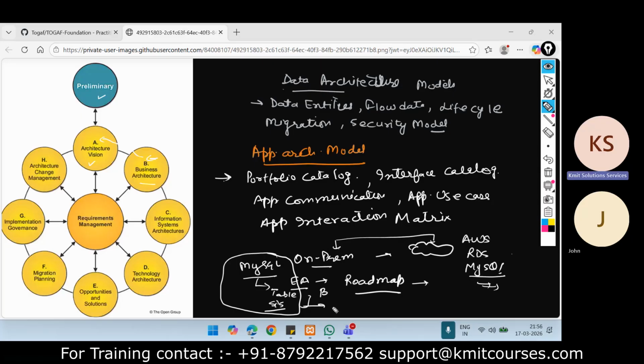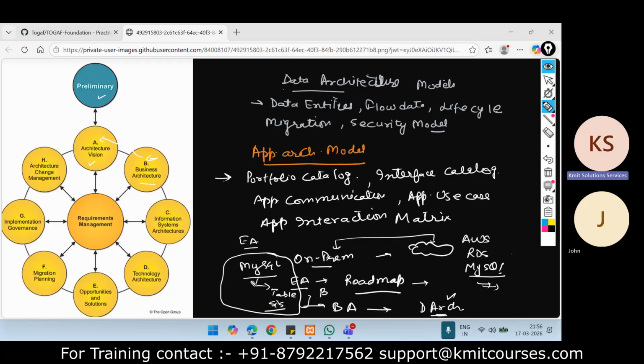So phase A, then the business architect, and then the database architect comes into the picture. He will say, I will do this work, so what work do I need to do? Who will tell that? Here the enterprise architect comes into the picture.